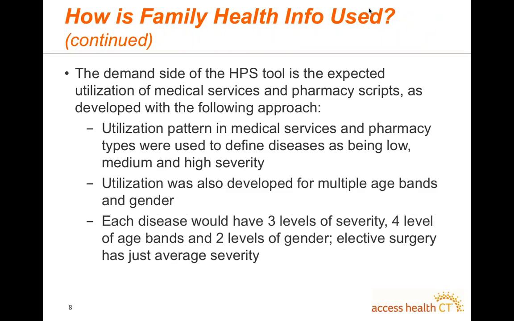Now let's talk about other items. We also created in the tool, you will see that when people have a particular condition, especially diseases like diabetes or cardiac disease or depression or others, they are likely to be in a range of severity.